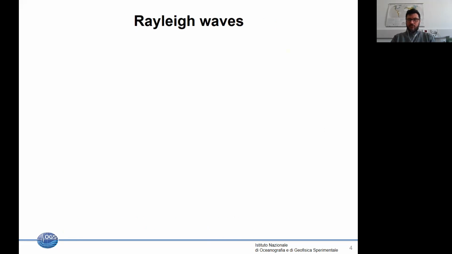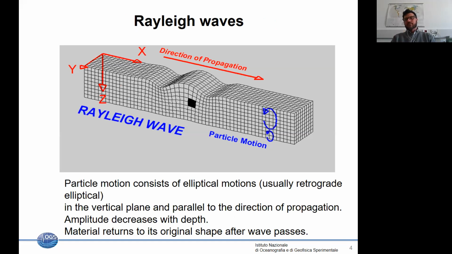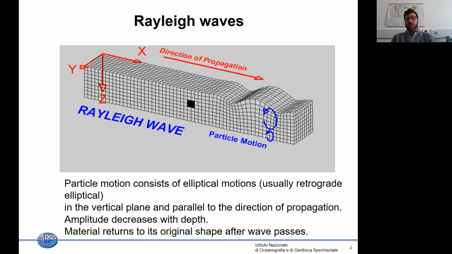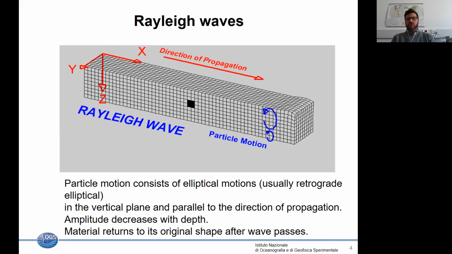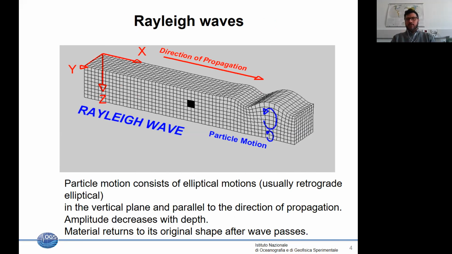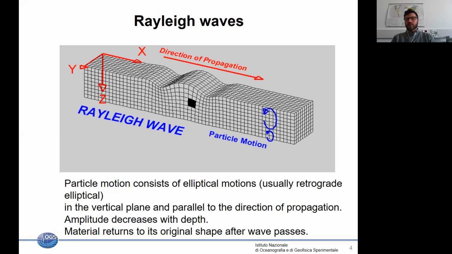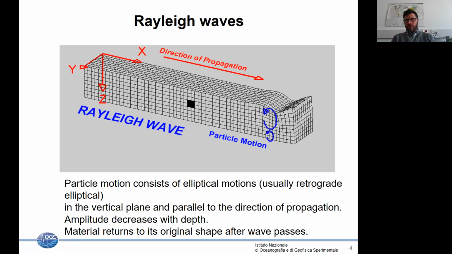There are other kinds of waves which we will deal with, in particular surface waves. Traib knows them very well, for example. Here is just an example of the particle motion of the Rayleigh waves. You see that the particle motion is generally elliptical, and it is elliptical and longitudinal to the direction of propagation.